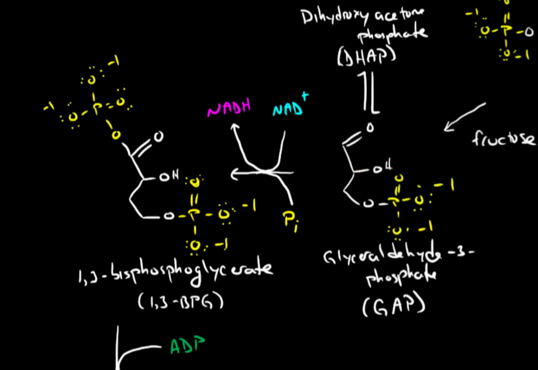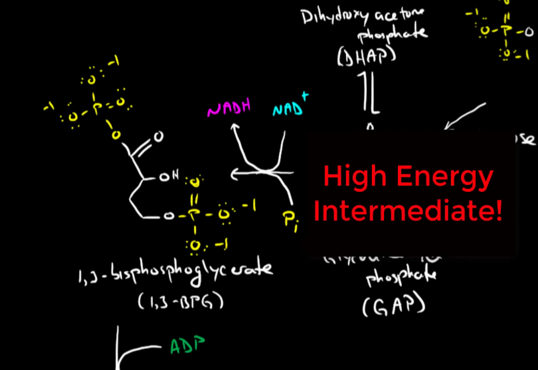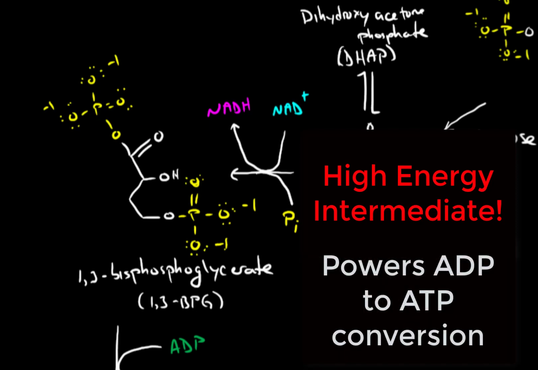This molecule, 1,3-bisphosphoglycerate, is the first high energy intermediate that we make in glycolysis. The reason this is so important is that we now have a bond that contains a lot of energy, enough that it can drive the conversion of ADP to ATP.